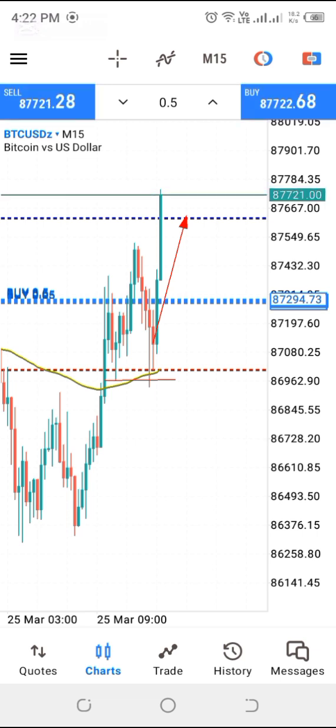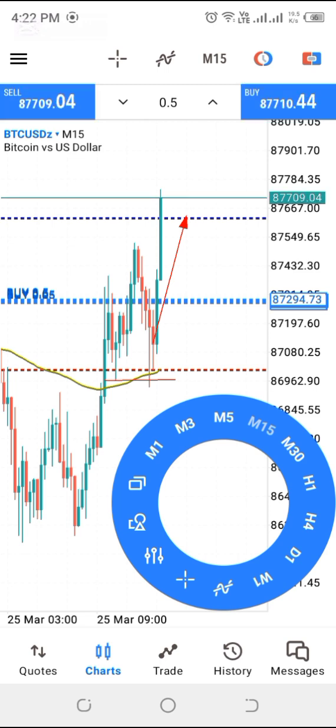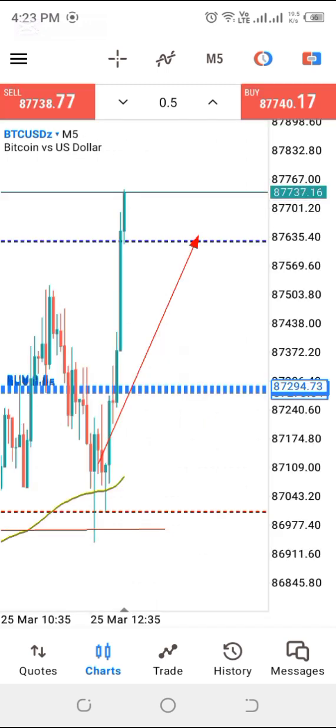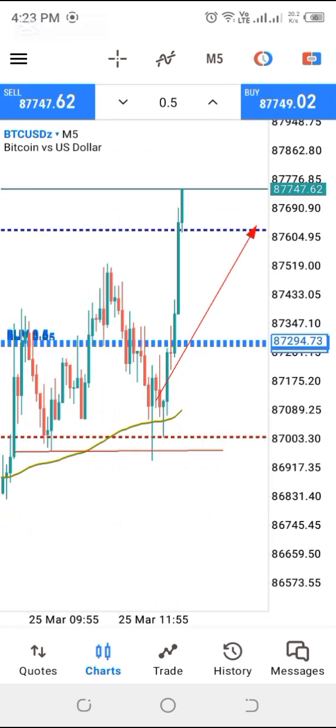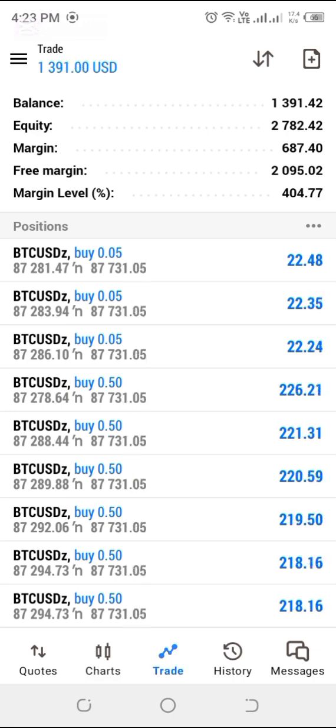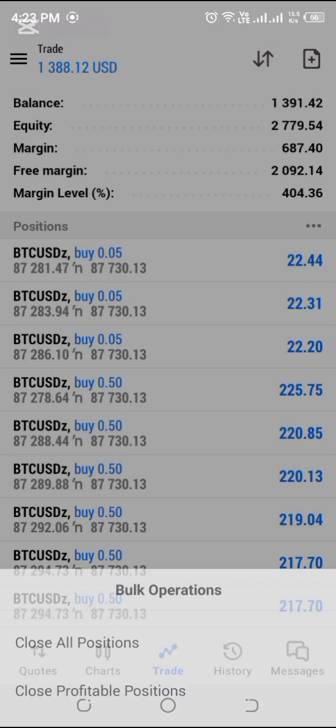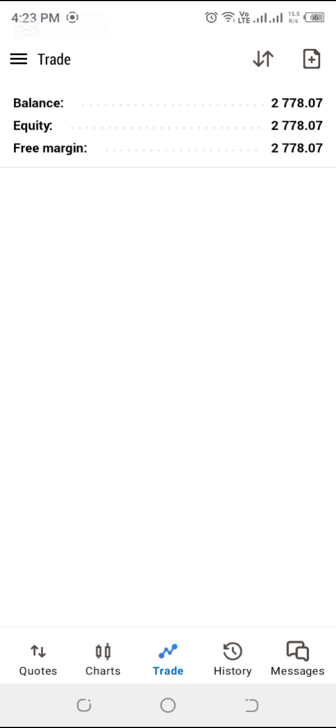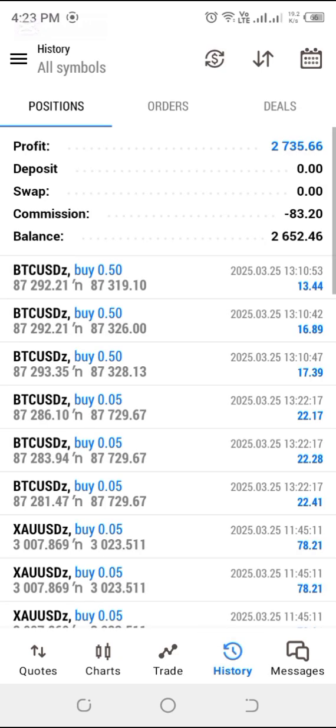So I closed these trades and the balance was 2781 USD. So 2778 USD, you can see there.